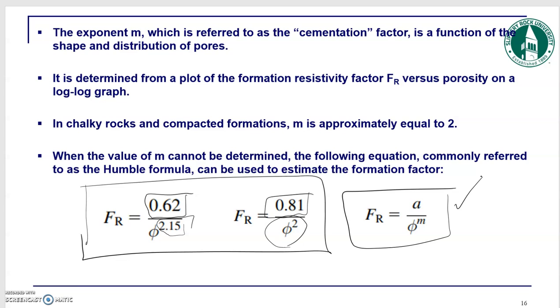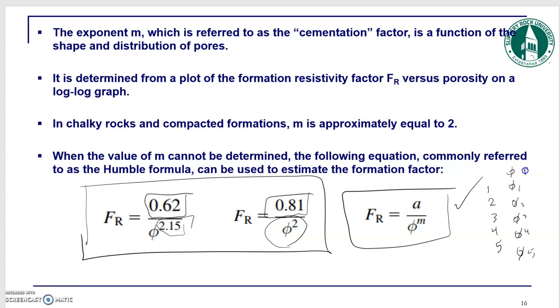How can you use this equation? If you have the data of formation resistivity factor, you can design experiments to saturate your rock sample 100% with brine. Let's say you have multiple rock samples with different porosities: sample number 1, 2, 3, 4, and 5. These 5 samples have different porosities: φ1, φ2, φ3, φ4, φ5.